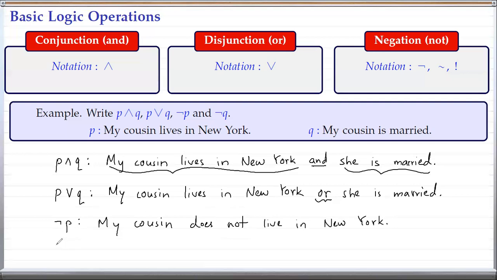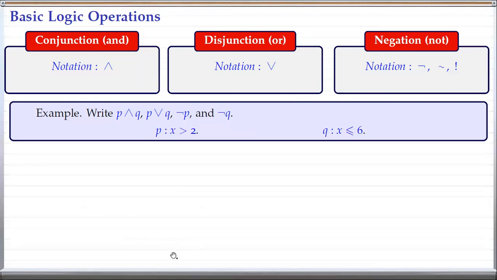And the last one is not Q, the negation of statement Q. My cousin is not married. So we are done with this example. Let's look at the next one.